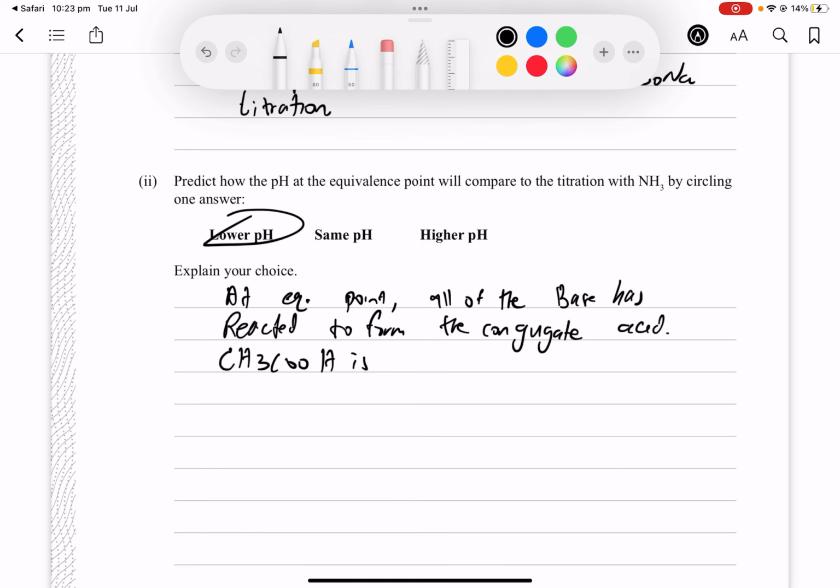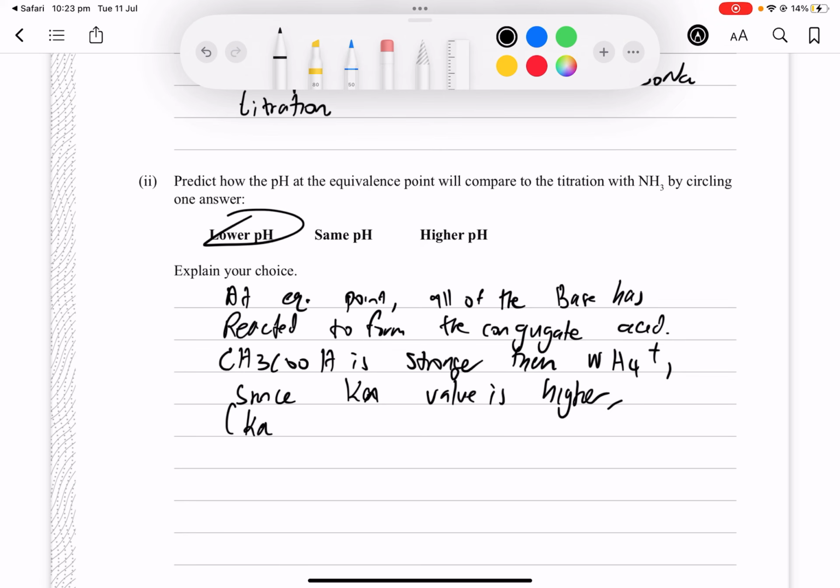CH3COOH is stronger than NH4+, since the Ka value is higher.